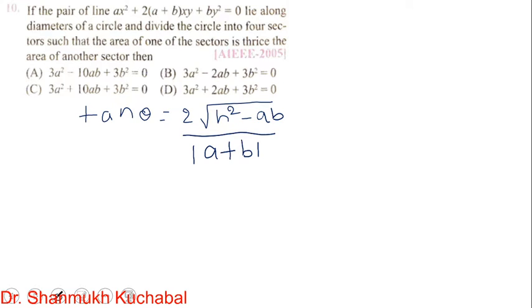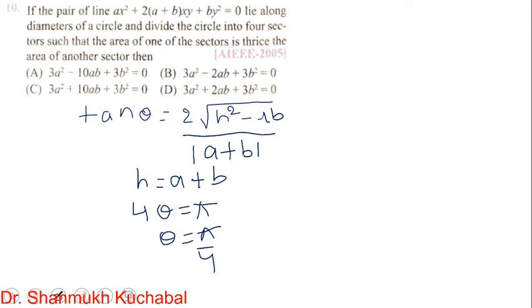Further, it is given that h equal to a plus b, and also they have given the circle will divide into 4 sectors here. So we can write 4 theta equal to pi, so theta equal to pi by 4. All these values we have to substitute in this particular equation, which I call equation 1.